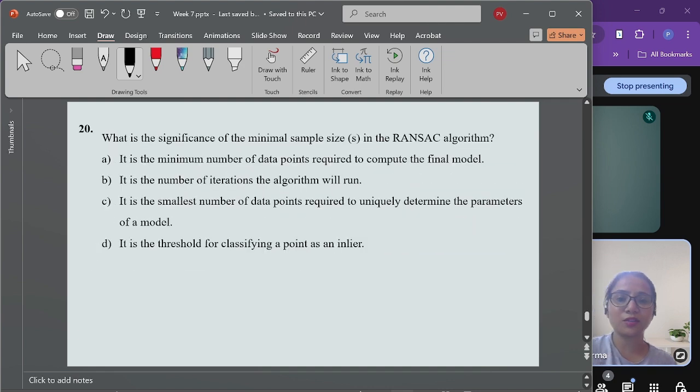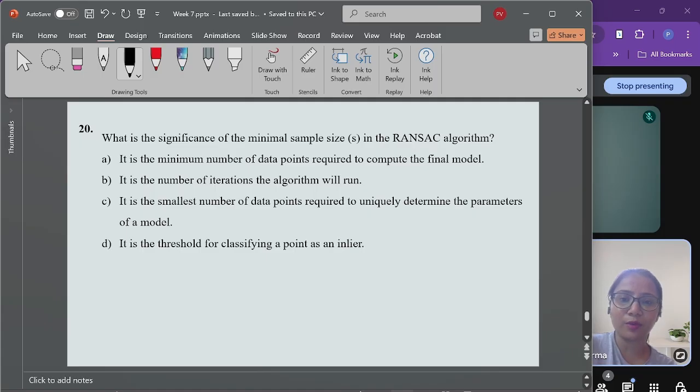Now the next and last question is, what is the significance of the minimal sample size S in the RANSAC algorithm? We have already solved this. Option A, it is the minimum number of data points required to compute the final model.